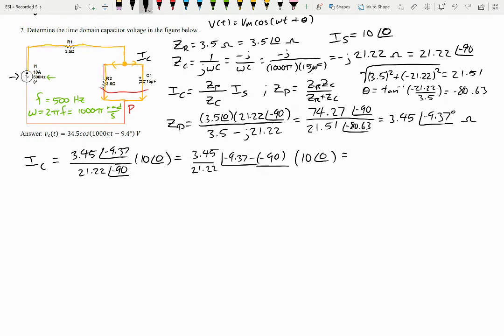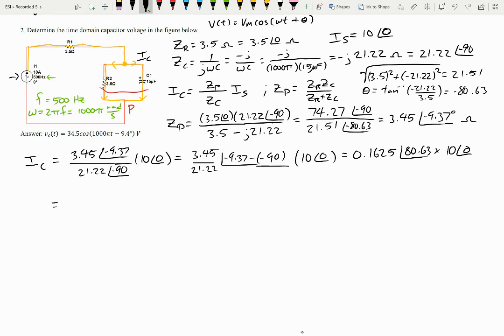Okay, and so when we do that, 3.45 over 21.22, we're getting 0.1625, and then our angle is 80.63. But then we still need to multiply the 10 at angle 0 in.